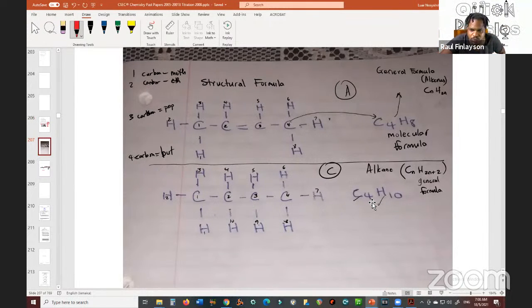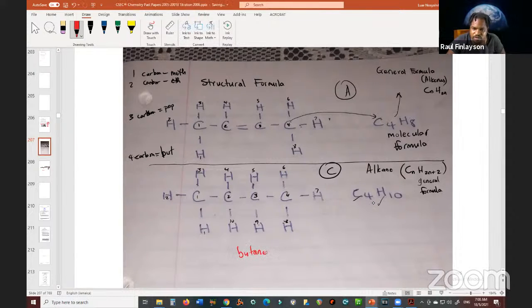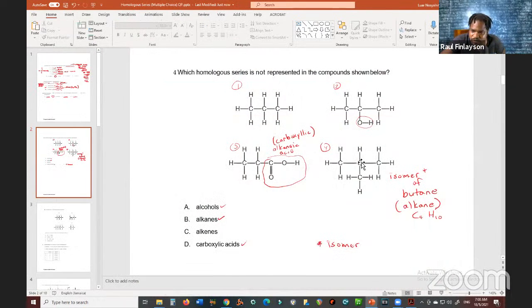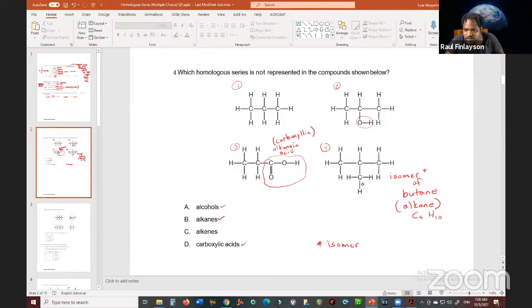Your butane would look like this, everything drawn out in a straight line. So that's butane. But what we also have is butane that can be drawn this way, where one of the C's is branching downwards from another C. It's still 4 carbons, but the structure is different.